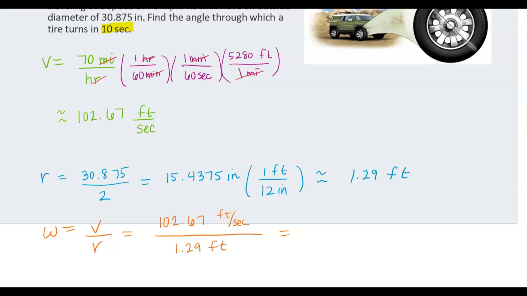So we're getting, plug that into the calculator, to get approximately 79.59, and this is going to be in radians per second.